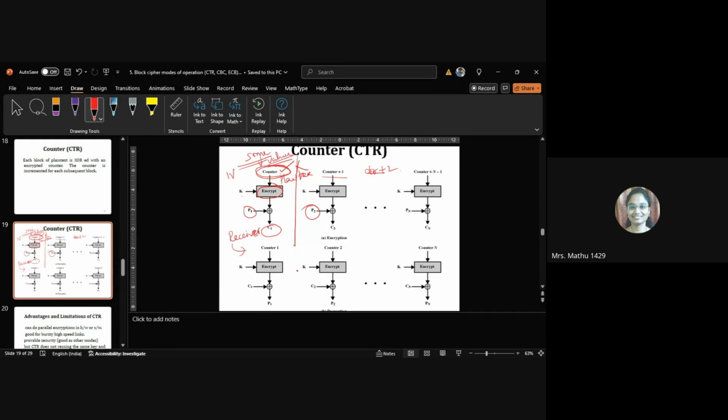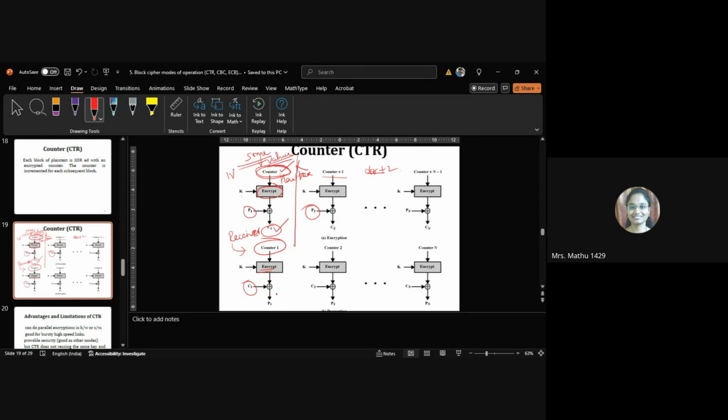Sorry, here it is given wrongly: this is not encryption, this is decryption. It is labeled as encryption. So we are going to decrypt that, and the resultant value is going to be XORed with the ciphertext that we have received. So this counter should be known to both sender and receiver.